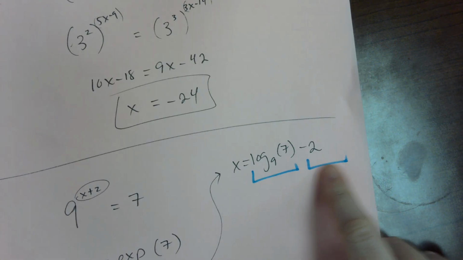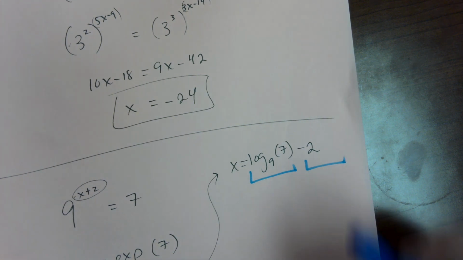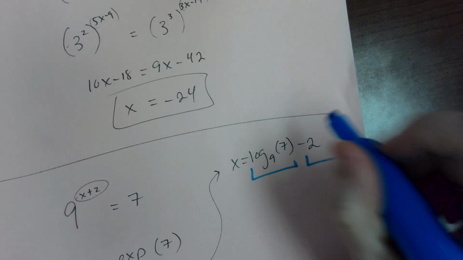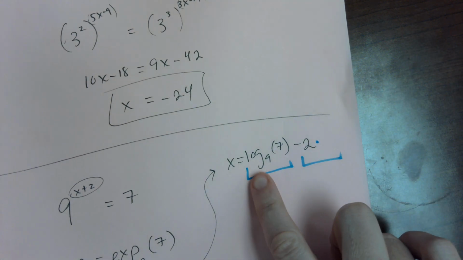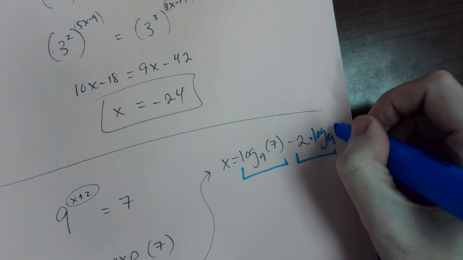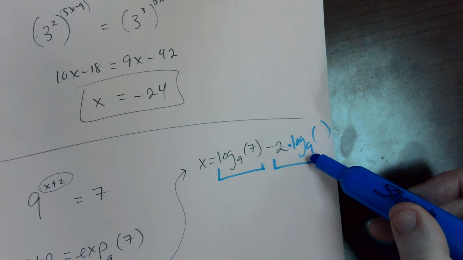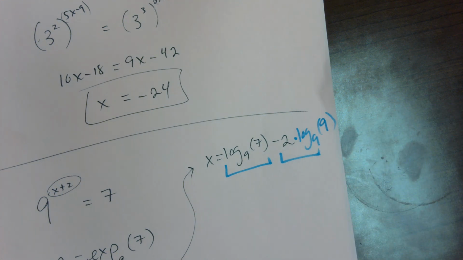And I made this like bracket thing here long because I have to do something. Guys, what you're going to do here is you're going to multiply by the same type of log, so log base 9. But then whatever base you use, if you put that same base inside the log, that makes it equivalent to 1.